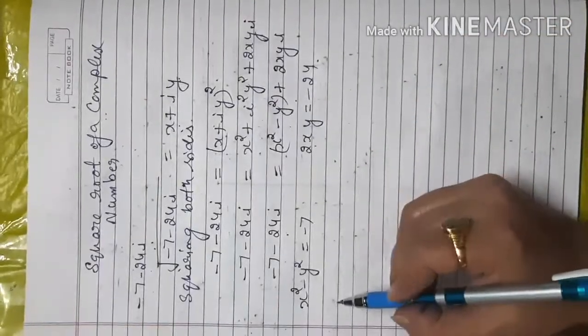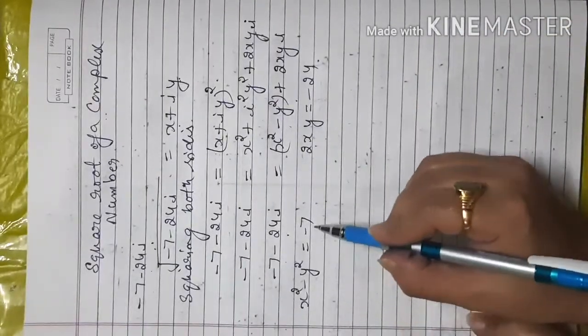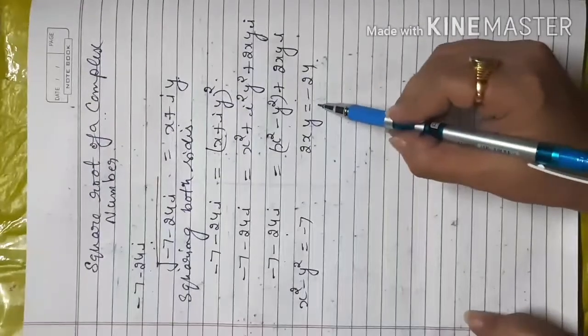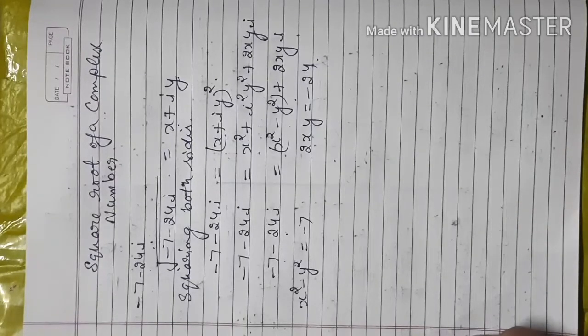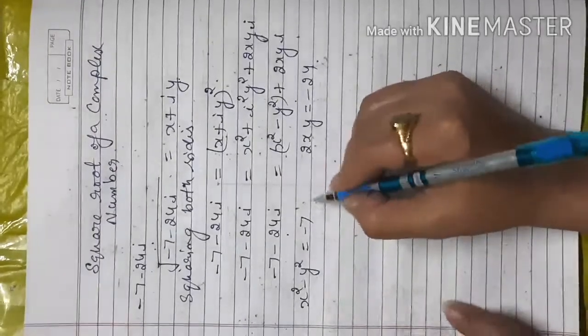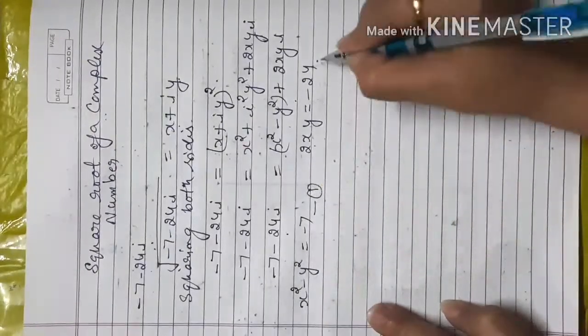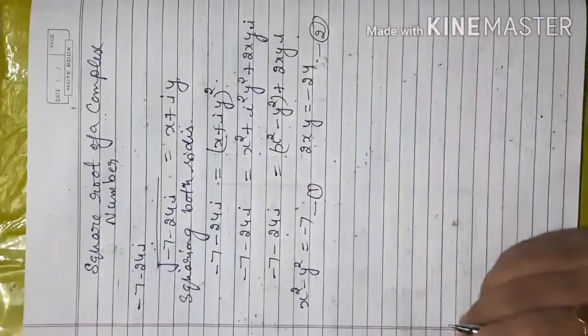So now we have x square minus y square is equal to -7 and 2xy is equal to -24. Now we have to think about an algebraic formula, because we have to find an equation in the form of x square and y square so that we can find the values. This is my first equation, this is my second equation.